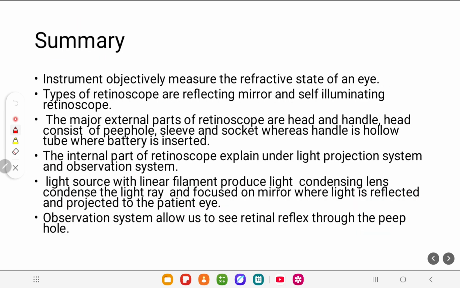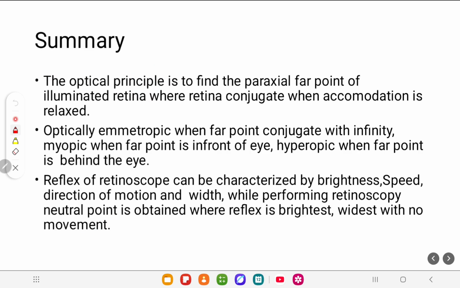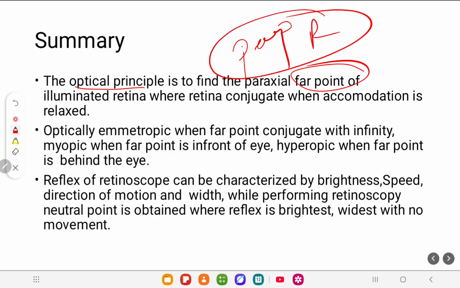Okay. In summary, objective retinoscopy objectively measures refraction, and the retinoscope is self-illuminating, and there are a lot of things that we can say. But basically, the optical principle is based on the far point of an eye and the peephole of the retinoscope, and then you have to understand Foucault's principle.